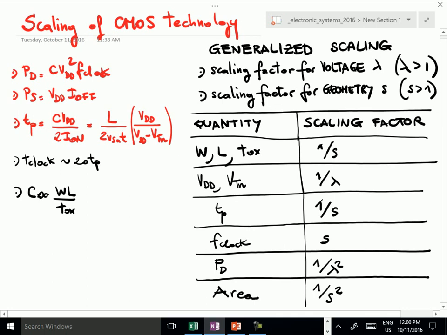constant voltage scaling, the power consumption increases because you have the power consumption is constant because lambda is equal to 1. So the power consumption of a logic gate, when you decrease the logic gate and you increase the clock frequency, remains constant, but the area goes down as 1 over S squared.